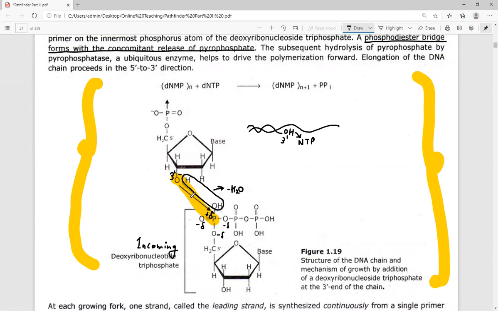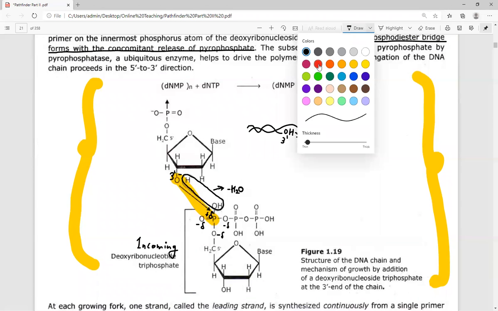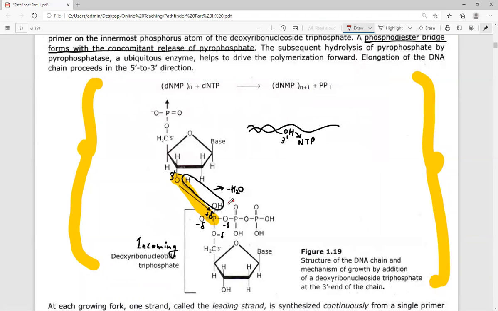This would be converted into a particular bond, and these two molecules will be released. So I'm just trying to mark the molecules that will be released, these two phosphates. This particular phosphate molecule and the other phosphate molecule will be released.